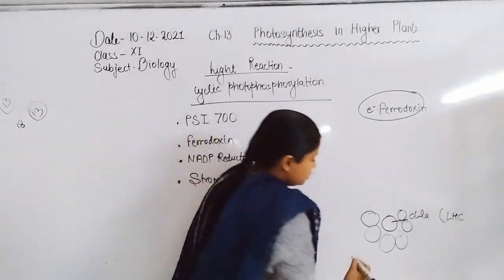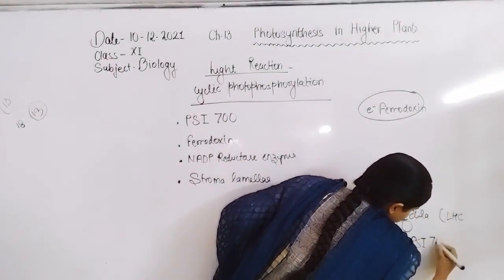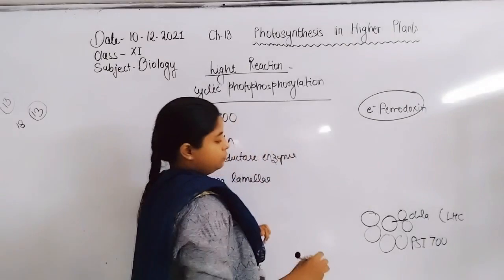And here is photosystem I, 700, which absorbs light.